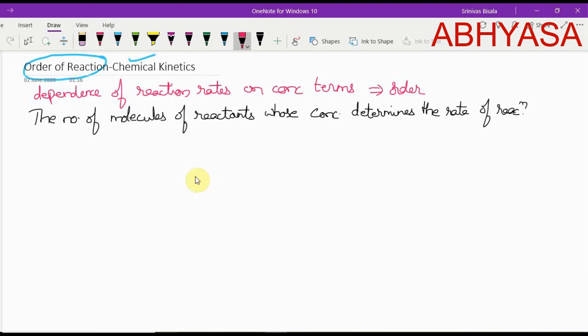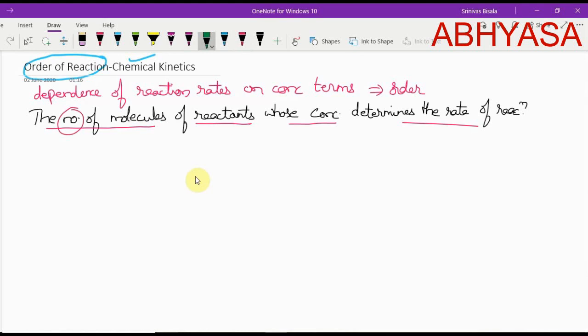Order of reaction is defined as the number of molecules of reactants whose concentration determines the rate of reaction. It means the rate of reaction depends upon how many concentration terms. The rate of reaction is depending upon a certain number of concentration terms. That number is called the order of reaction.